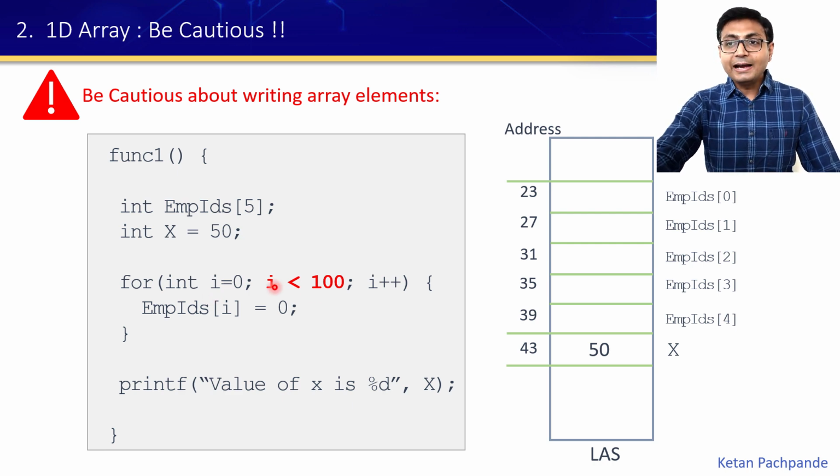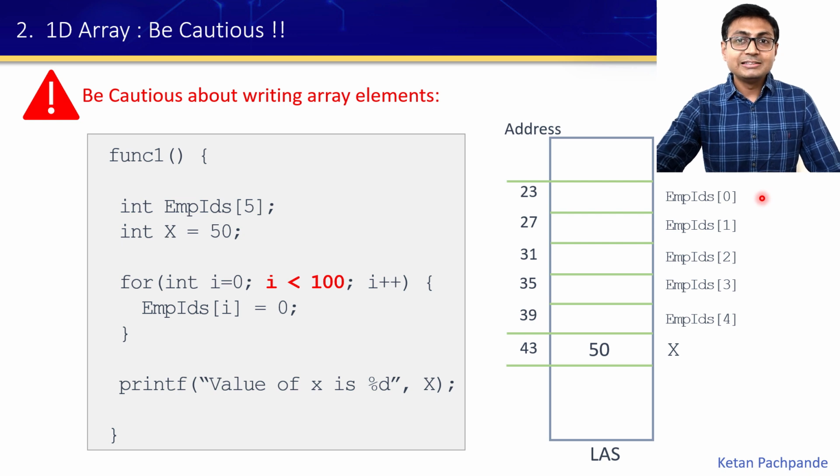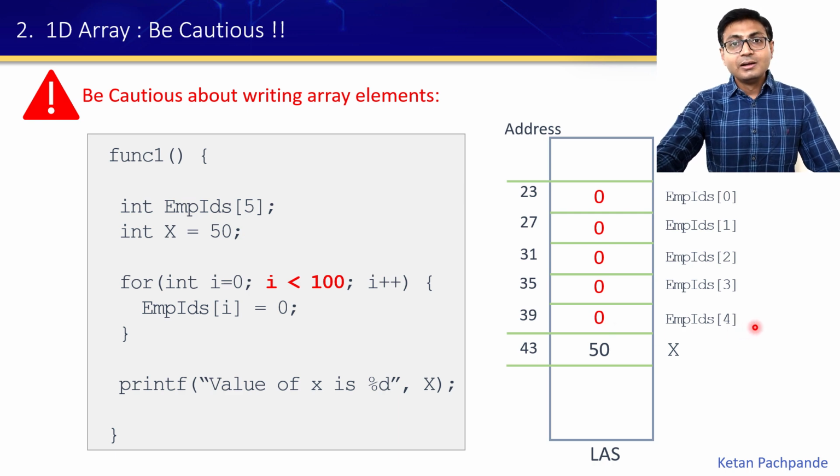So when I value will be 0, employee ID 0 is equal to 0, the first element will be initialized to 0. Second element, third, fourth and fifth. So up to I value equal to 4, it will work or behave as expected. Alright. But the moment I value crosses 4, it will become 5.